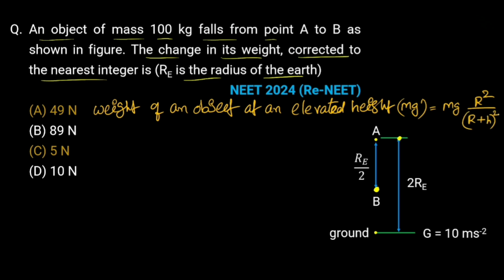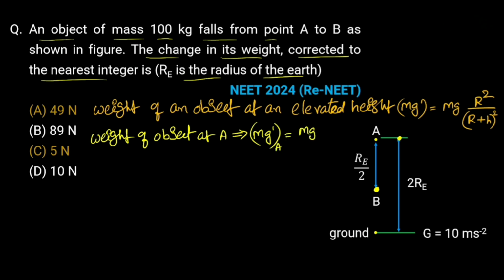Now let me decide the weight of the object at A first. mg dash at A equals mg into R square by R plus h whole square, where h equals 2R.